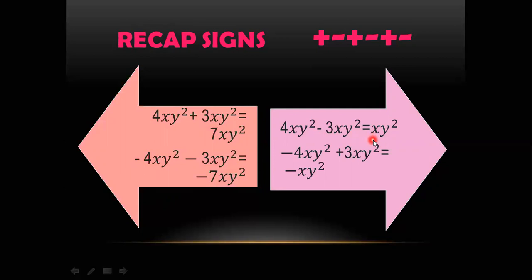But what will be the sign with 1? The sign with the greater value, and greater value is 4. So the sign of 4, which is plus, will be carried with this 1, right? Similarly, you see that when the signs of the polynomials are different, we actually subtract them.